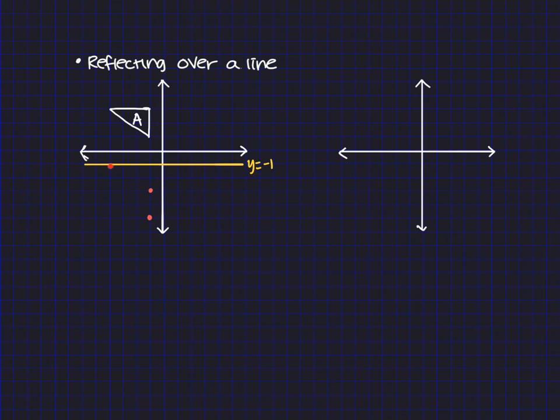So I'm going to do 1, 2, 3, 4 units away right here. And then I'm going to go ahead and connect the dots. And that's going to be my new image. As you can tell, the distance between these 2 figures is going to be identical. Sometimes you may be able to share one of the vertices because your line of reflection is very close by.